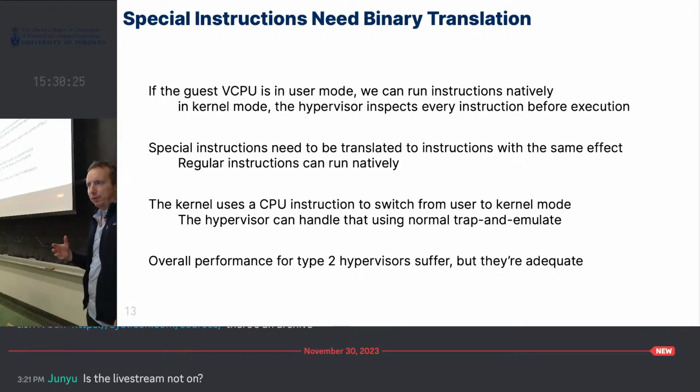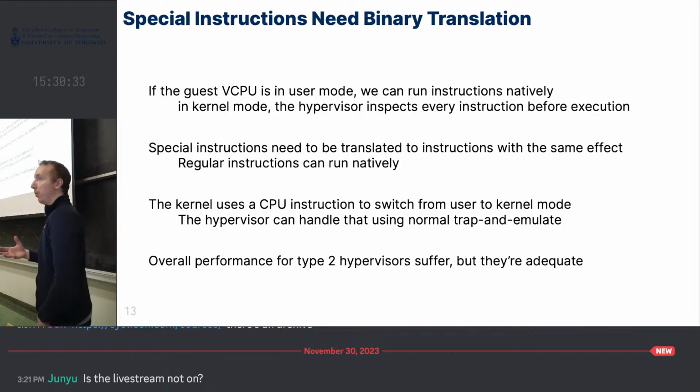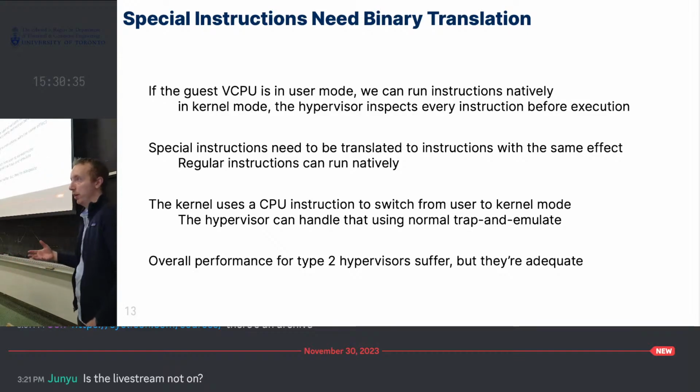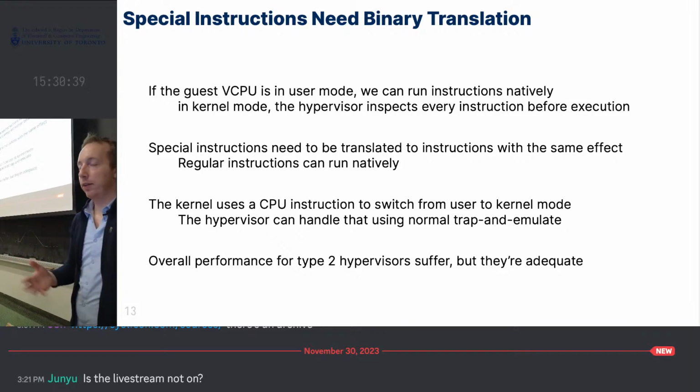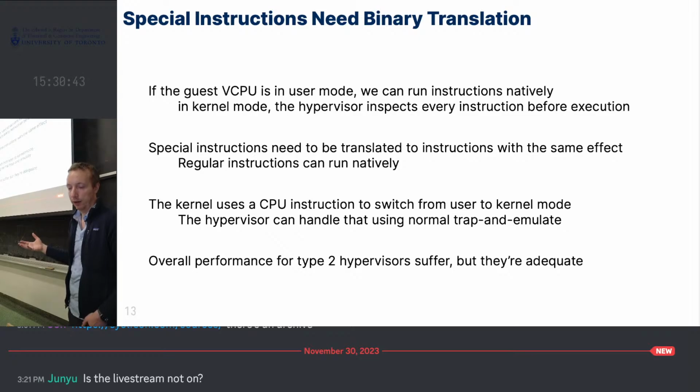So that guest virtual CPU is in user mode. It can keep track of what state it is currently in. If the virtual CPU is currently in user mode and that guest thinks it is in user mode, it doesn't need to do anything. It just runs the instructions because they both agree with each other.